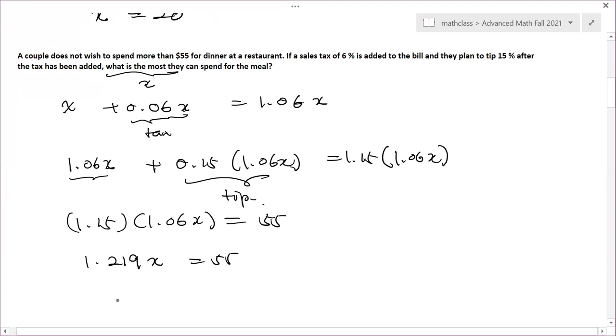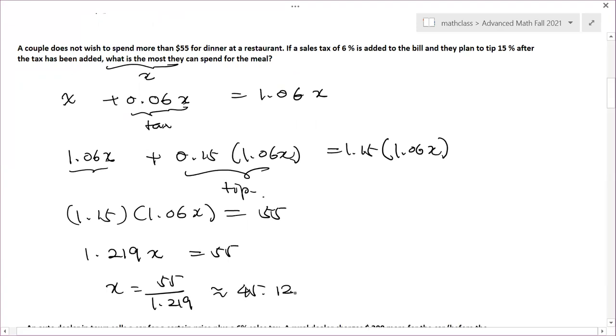So from here, you can find the X. $55 divided by 1.219 is about 45.112. So that means if you order a meal less than or equal to that number, you have enough money to pay the tax and the tips. This is the total amount of money you can spend on the meal before the tax, before the tips.